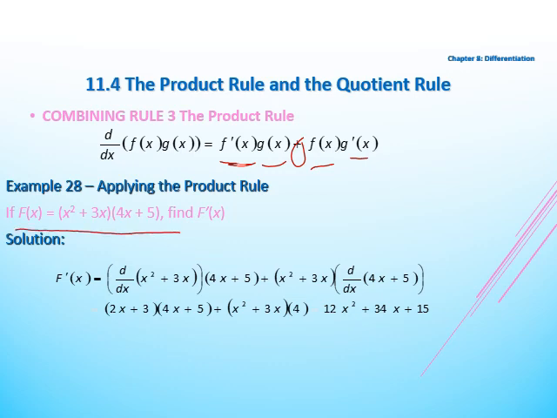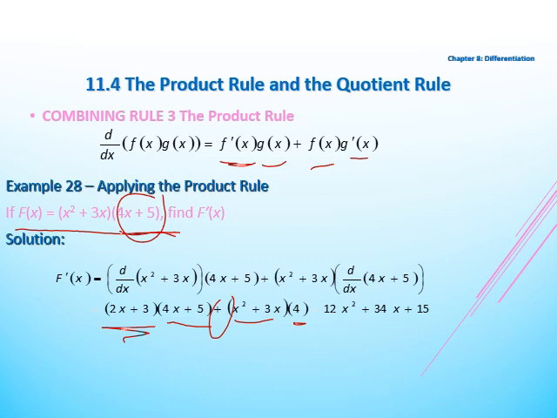For example, if we have f of x equal to (x squared plus 3x) times (4x plus 5), the derivative of this function will be the first function's derivative, 2x plus 3, multiplied by the second function without differentiation, 4x plus 5, plus the first function without any differentiation, x squared plus 3x, times the derivative of the second function, which is 4.